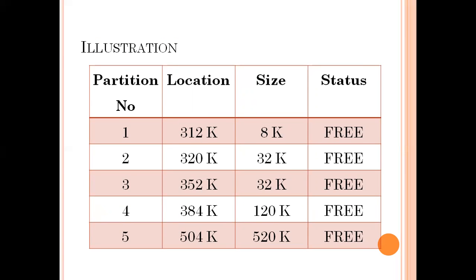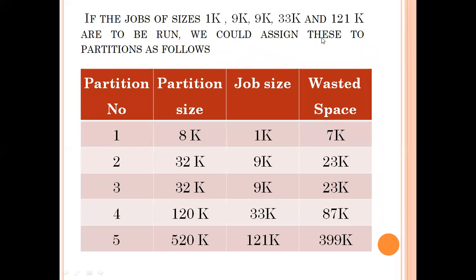The size of the first partition is 8K and the job size is only 1K. The remaining 7K is wasted. The second job, we can allocate to the second partition whose size is 32K, but the job size is only 9K, so the remaining 23K is wasted. For the third job of size 9K, again you can allocate a partition of size 32K. There also 23K is wasted.